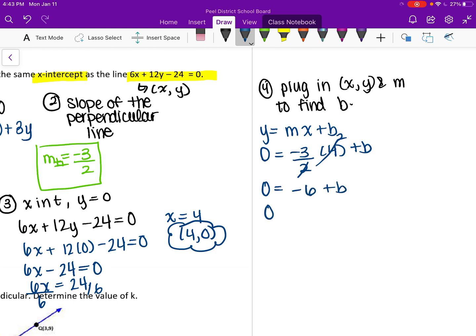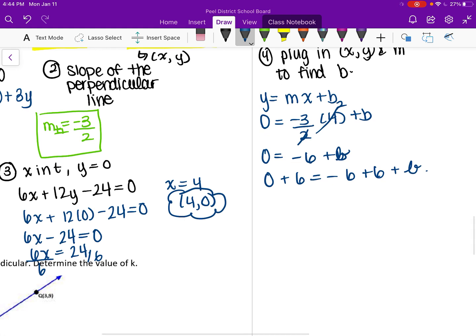Negative 3 times 2 is going to be negative 6 plus b. 0 equals negative 6 plus b. Plus 6, because if you want to get rid of the negative 6, you got to add 6. I'm going to start drawing my b's like this because sometimes my b's look like 6's. Right? And then I'm left with 6 equals b.